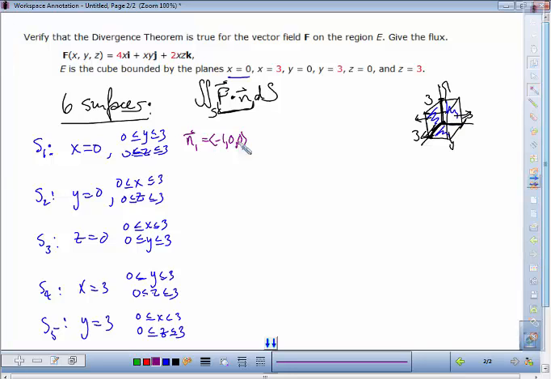So this will get me a little bit more selective as to how I'm going to fix up my parameterization. I didn't quite write my parameterization over here, but if I did write it out, your R, instead of u and v, or x and y, I'm going to choose y and z because that would make most sense.